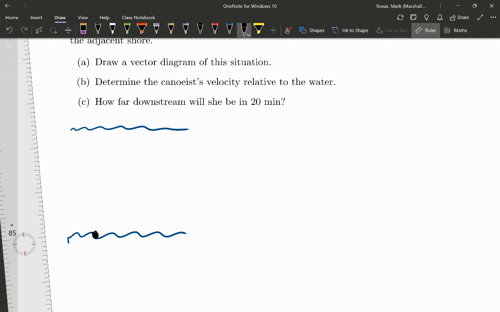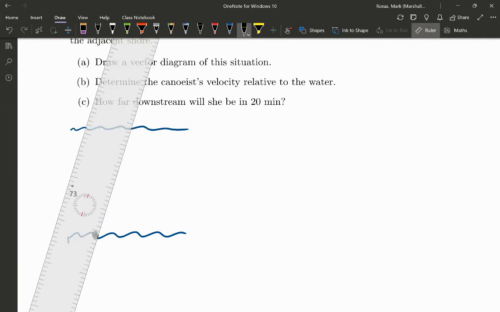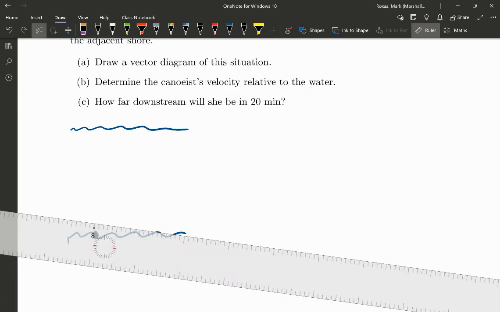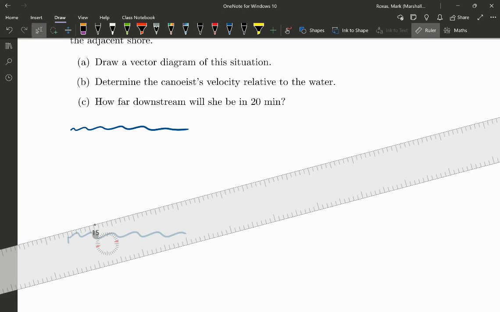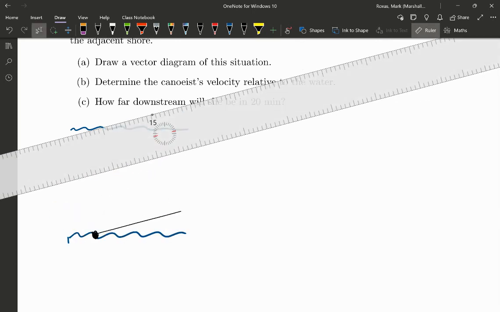There's a current flow of 3 kilometers per hour, but the boat has a resulting velocity of 5.4 kilometers per hour downstream that forms a 15-degree angle. So I'm going to try and make a 15-degree angle here. Like that.